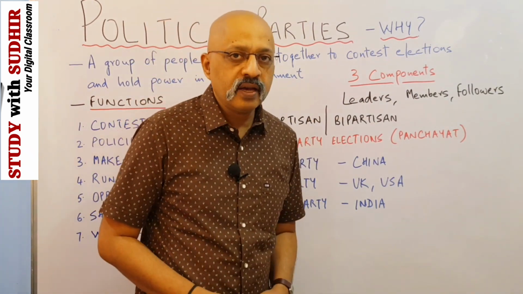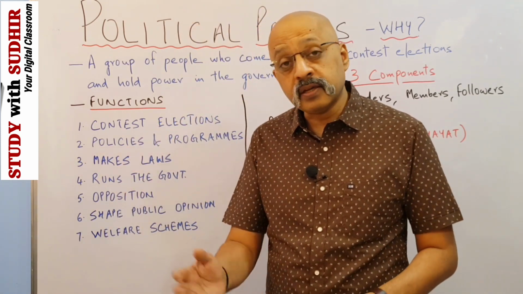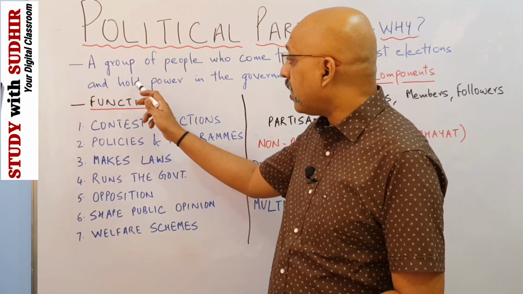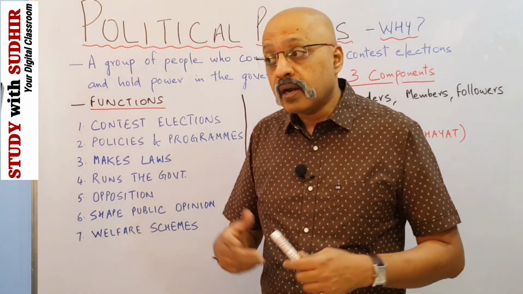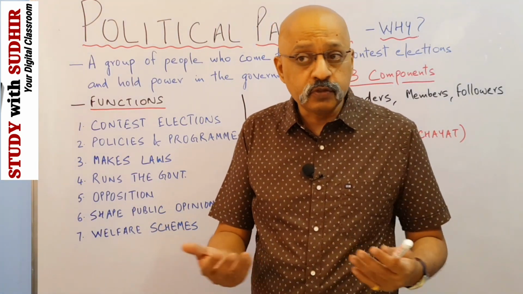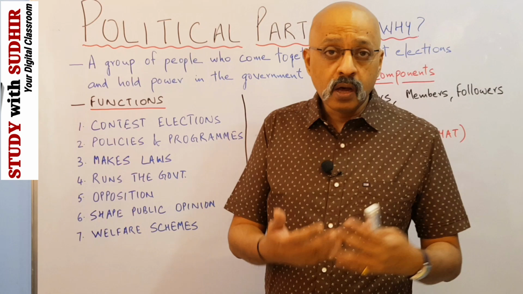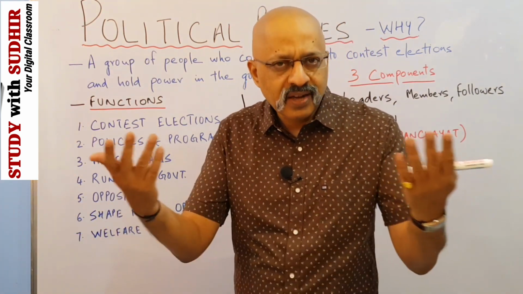Now, you may say that this happens even with a club. A group of people come together, they contest the club elections and hold power. Even in club elections, there could be 2 panels which may call themselves different parties, say Progressive party versus Democratic party. I'm just giving an example.